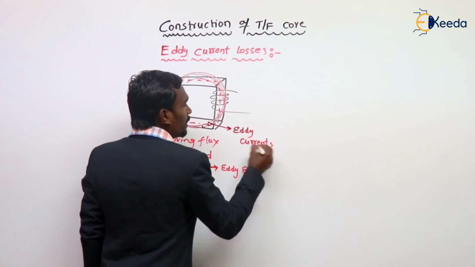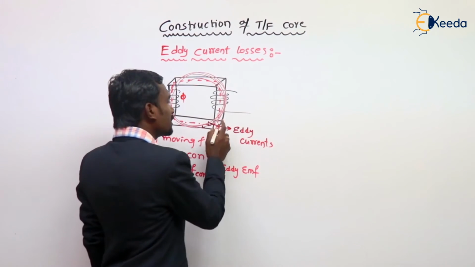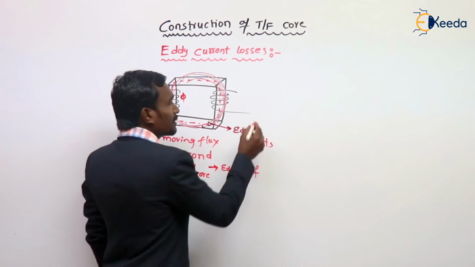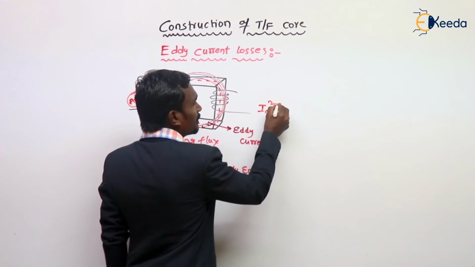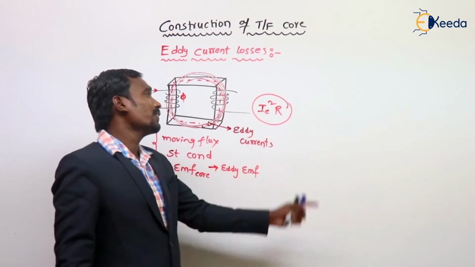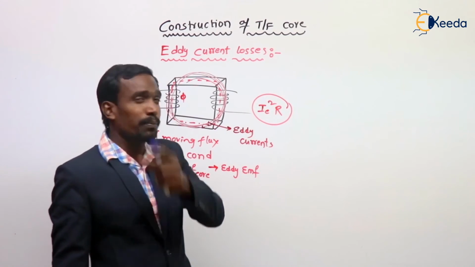When these currents flow through the transformer core, some losses take place, which are called eddy current losses. Due to eddy currents, losses take place in the transformer core.